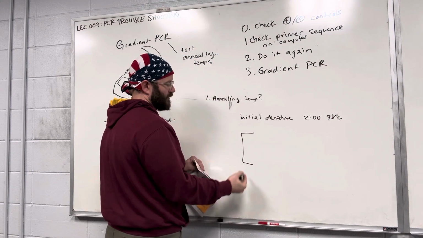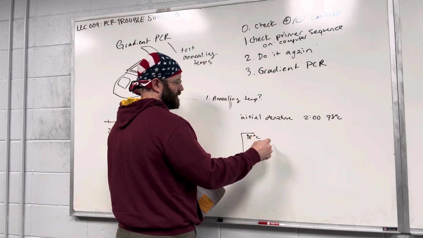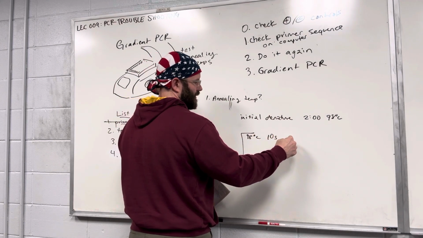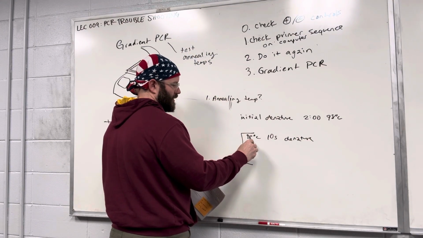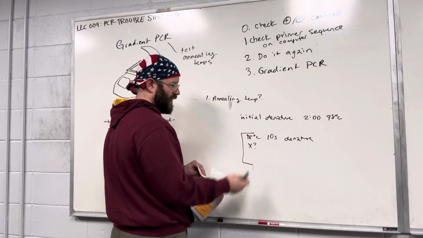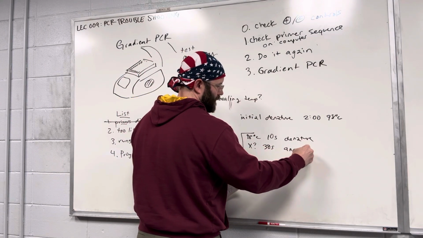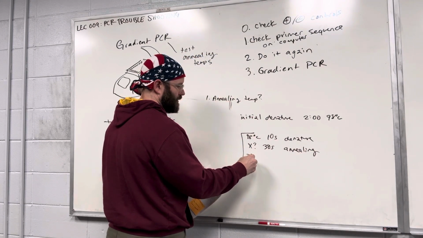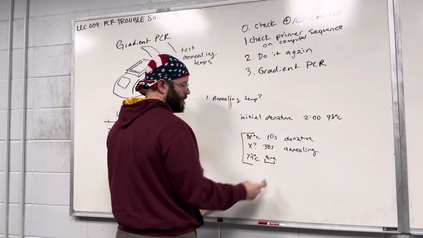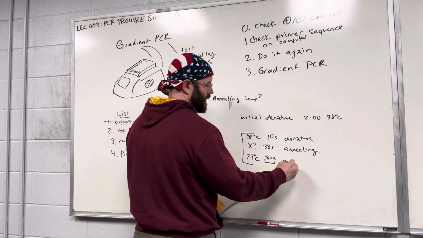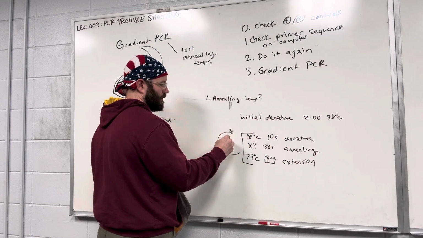And then we usually have the loop, which is 98 degrees Celsius for 10 seconds, denature. And then you have to pick some temperature X, which you might not necessarily know, for about 30 seconds annealing. And then you do 72 degrees Celsius for a set amount of time based on the length of your amplicon, extension. And then remember this loops 35 times.